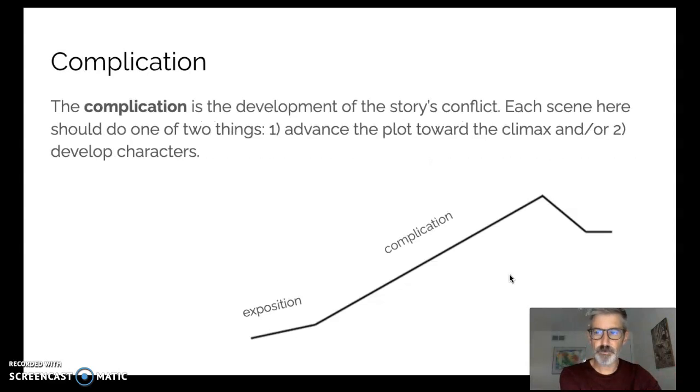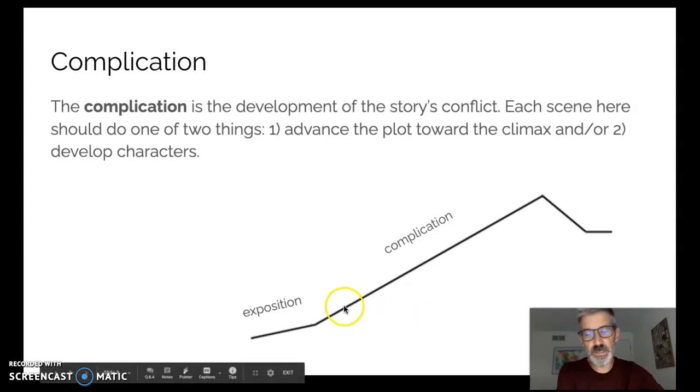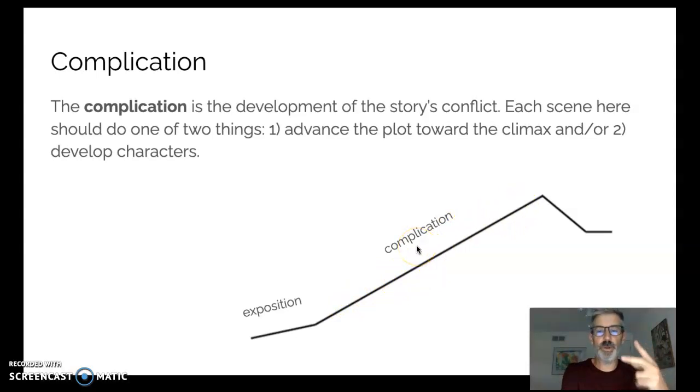The second part, and this is the longest part in the piece, is known as the complication. This is where the story's conflict is developed. There are two beliefs here in terms of what needs to happen in the complication to get a good story. The first is that all scenes and action in the complication should do one of two things.